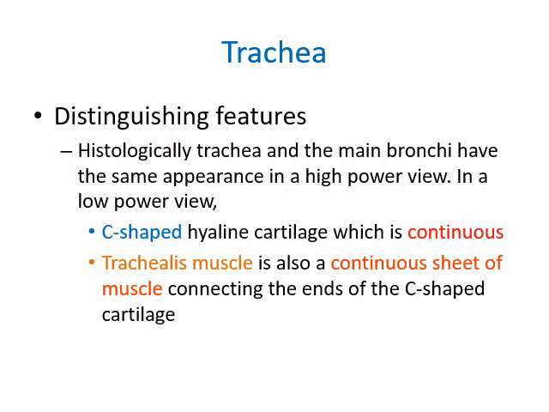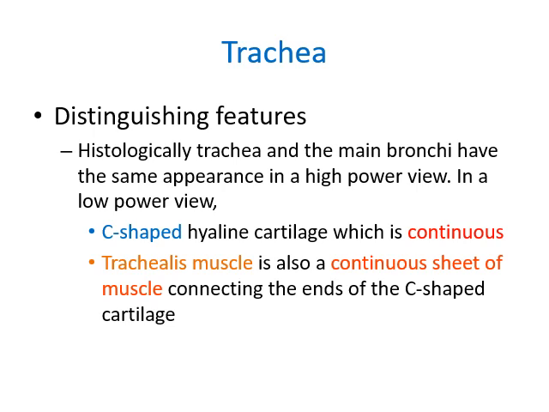Okay, so how do you distinguish a histological section to know whether this is the trachea or not? In histological appearance, the trachea and the main bronchi have the same appearance, because the main bronchi also have a large chunk of hyaline cartilage and some smooth muscle, and the same epithelium with the different layers, right?